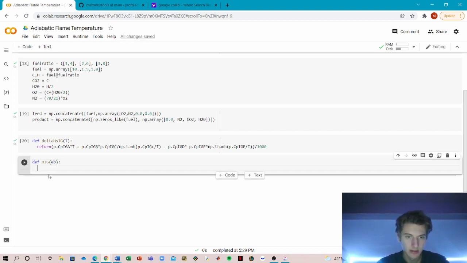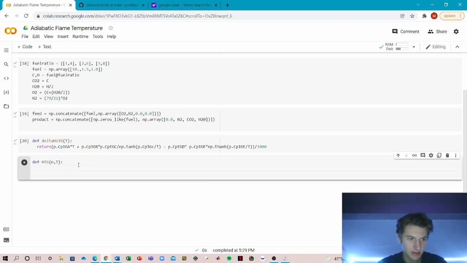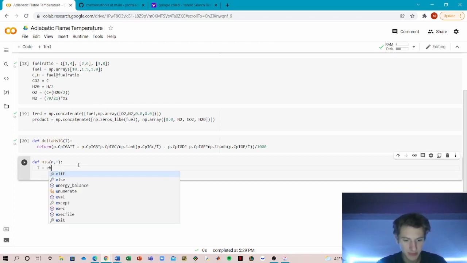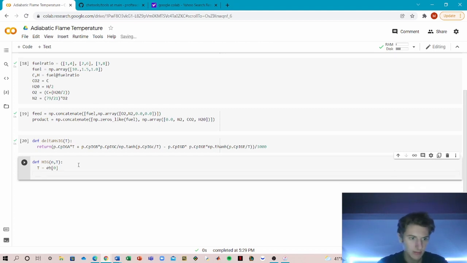And then, oh no, shoot. Sorry, this is the, nope, NT. And then, let's see if I get the indentation, there we go. T equals, the energy balance is next. And then we want that to start at 0, indexing it.